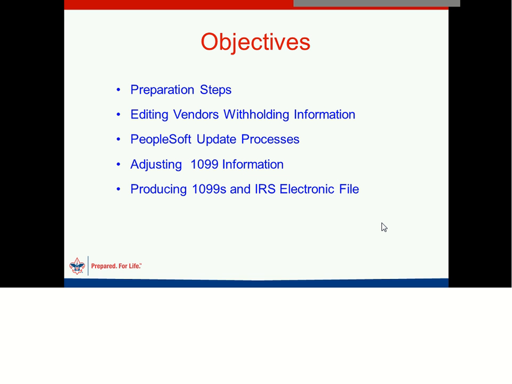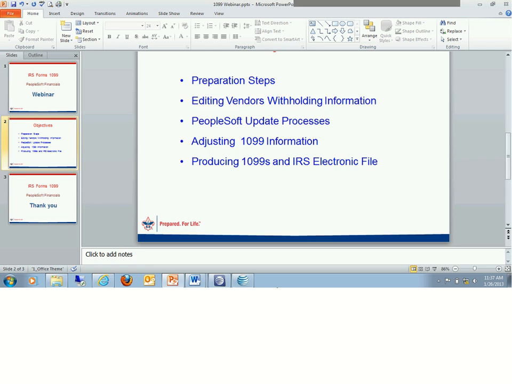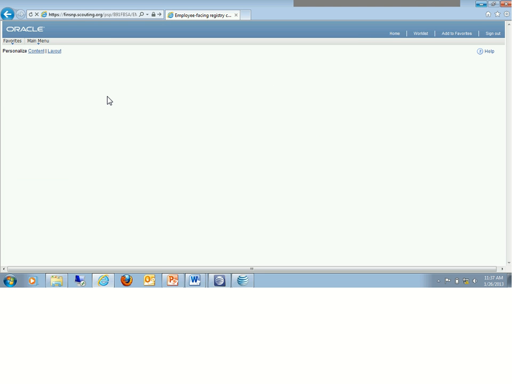So I'm going to start by logging into our beta environment. And here at the screen, I'm going to proceed to the query menu first, because we have established several queries in PeopleSoft that will provide information to help diagnose whether there may be a potential error as far as identifying a vendor withholding or not.